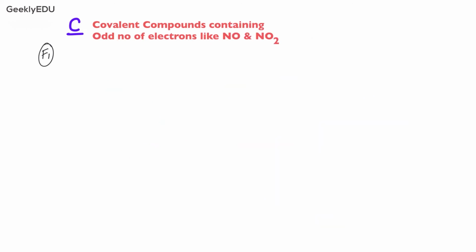Now let's quickly talk about the third exception, that is the covalent compounds containing an odd number of electrons like NO and NO2. Now you know the atomic number of nitrogen is 5, right? Oxygen is 6. 6 plus 5, you have 11 valence electrons available in the shell, right? Same goes for NO2 as well, right? N is 5, 2 times oxygen, that is 2 times 6, that is 12 plus 5, again 17.